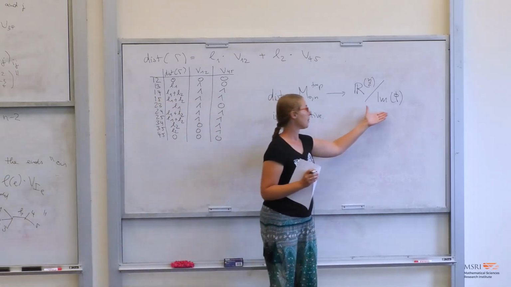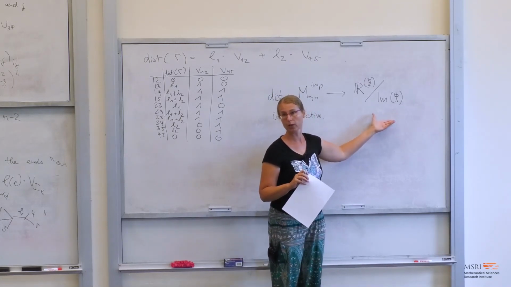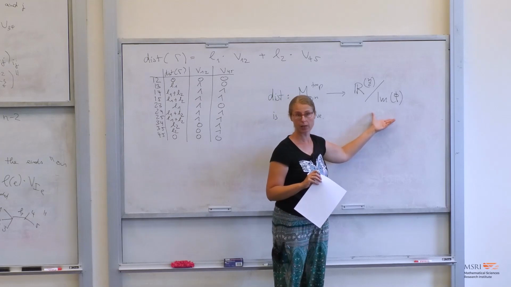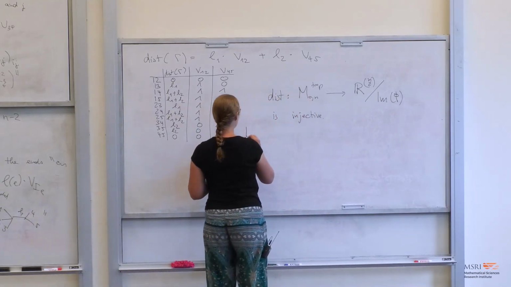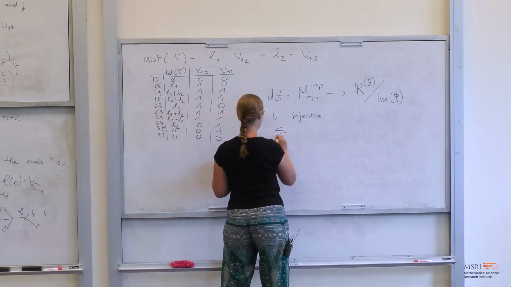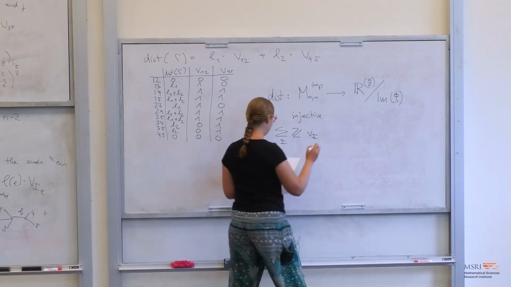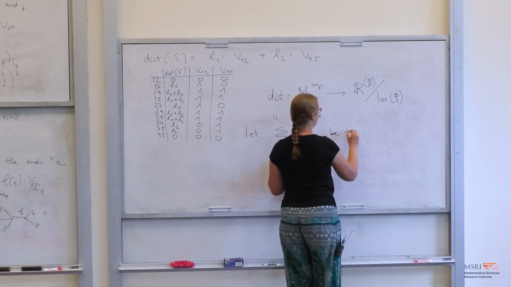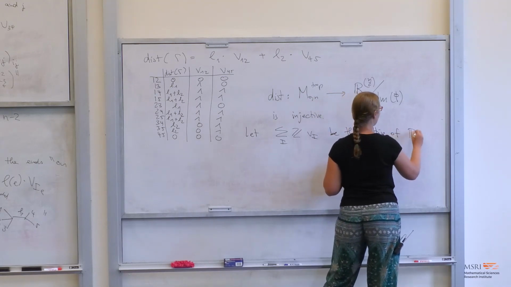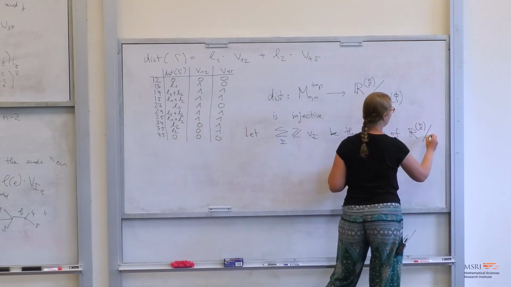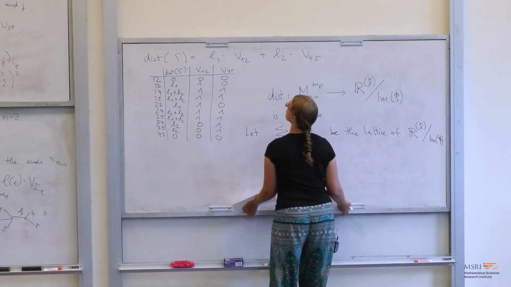Okay, to speak about something being balanced, I need to give you an integral structure also, right? I need to tell you what the lattice in this vector space is going to be. And it's actually not the standard lattice. So I want the lattice spanned by all vectors of the form Vi to be my lattice, the lattice of R to the n choose 2 mod image of phi.